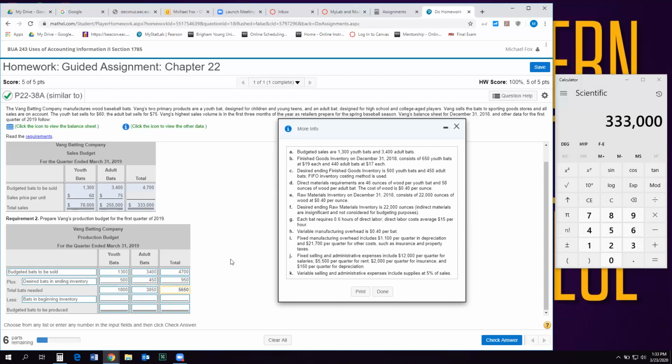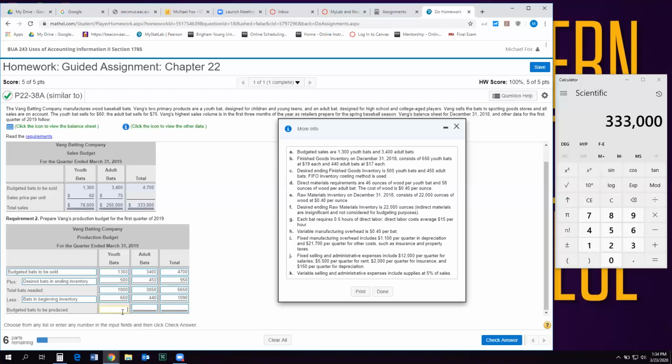Then we subtract out the number of bats we have in beginning inventory. It tells us here that our finished goods inventory consists of 650 youth bats at a certain cost of production, which doesn't matter to us right now, but it will later, and 440 adult bats. So 650 plus 440 is 1,090. Our budgeted bats to produce are just the needed minus what we have in beginning inventory.